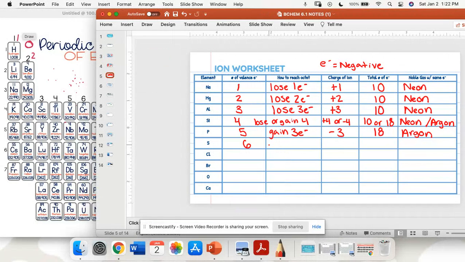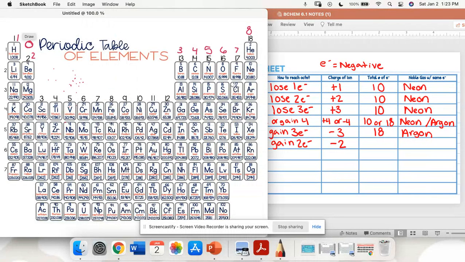You just think of which one seems easier. So it's easier for sulfur to gain 2 electrons. If it's gaining 2 negatively charged things, it's going to have a -2 charge. So in total, sulfur has 16 electrons. If it gains 2, it will have 18 like argon.